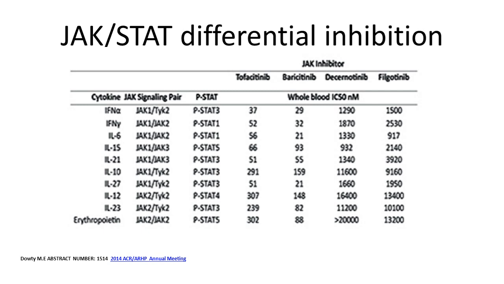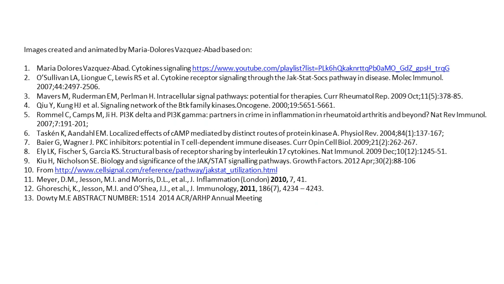You will have a potential for actually selecting and choosing the one that best fits the disease and the patient in terms of the pattern and the way that they inhibit the different JAKs and the different STAT pathways. I hope this was useful, and I hope this helps you understand a bit more a field that's extremely active in the research area for new drugs to control autoimmune and inflammatory diseases.